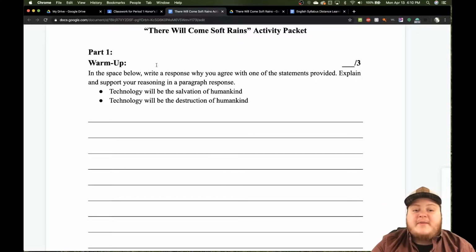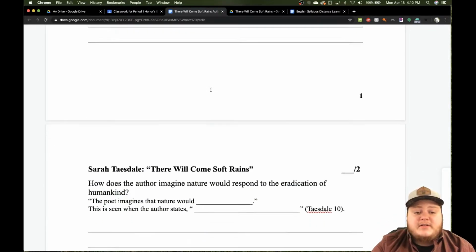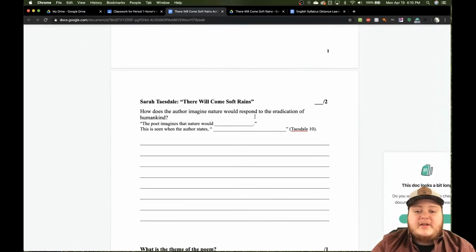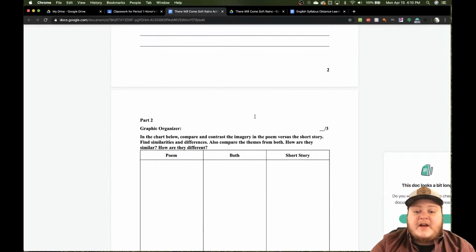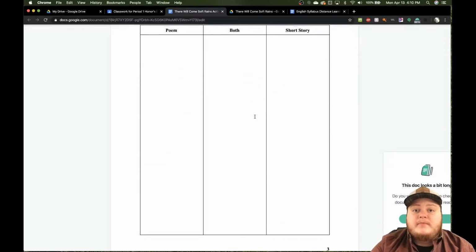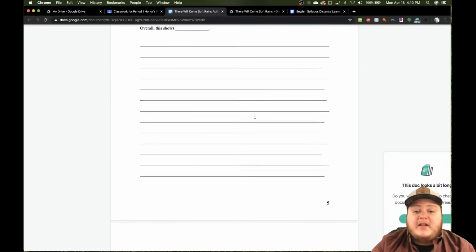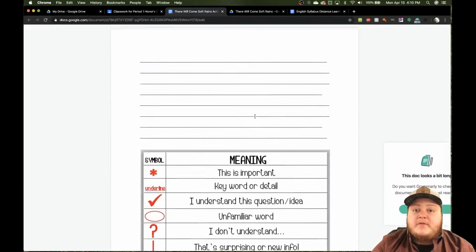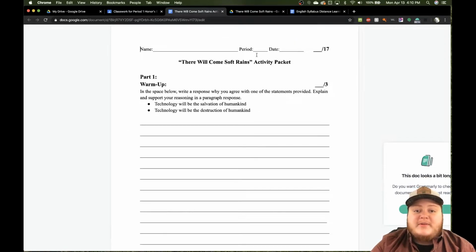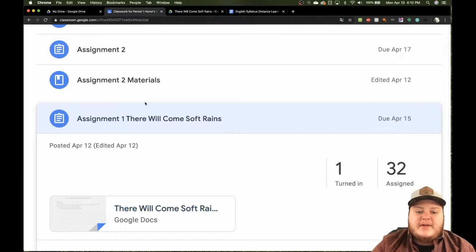This one, please give me a paragraph response, etc., etc. If you already filled this out, if you want to, just take a picture of it and send it to me via email, and I'll grade your first assignment that way if you did it over the break. But really, this one is more of a refresher if you didn't do it the first week.